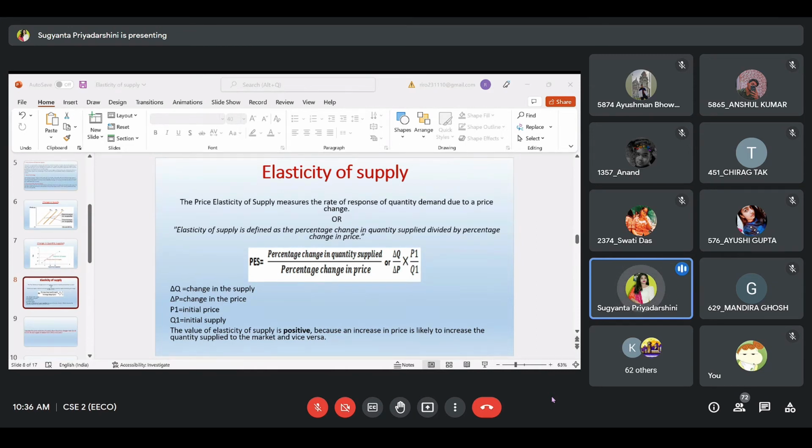So here we have the formula del Q by del P into P1 by Q1. Here the price remains as it is. This del Q and Q1 are the change in quantity supplied and the initial quantity supplied. Note down this formula, everyone, so that we will solve one numerical out of it.